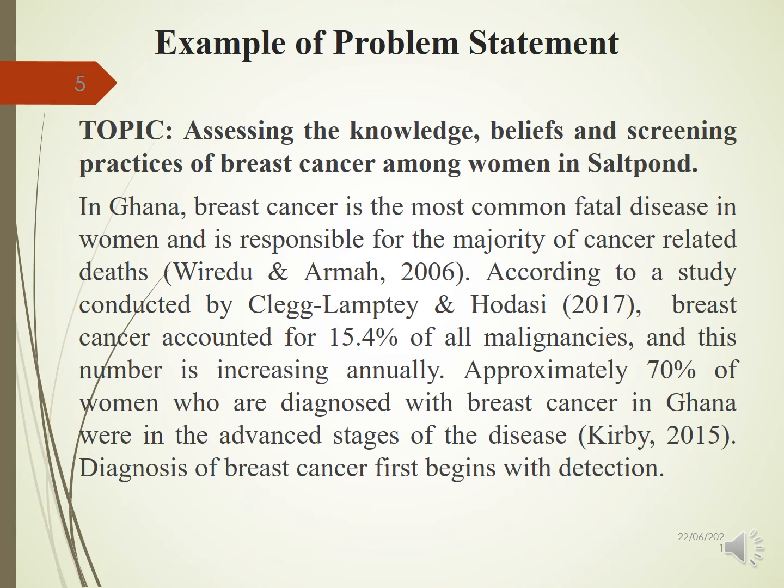According to a study conducted by Clegg Lamptey and Hudasi 2017, breast cancer accounted for 15.4% of all malignancies, and this number is increasing annually. Approximately 70% of women who are diagnosed with breast cancer in Ghana were in the advanced stages of the disease. This is according to Kebi 2015.